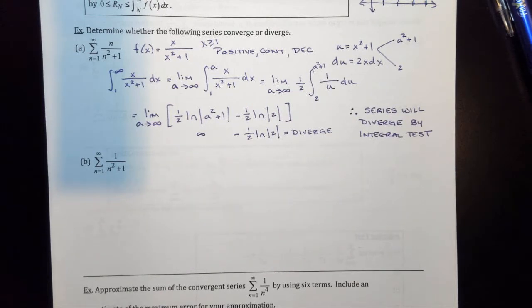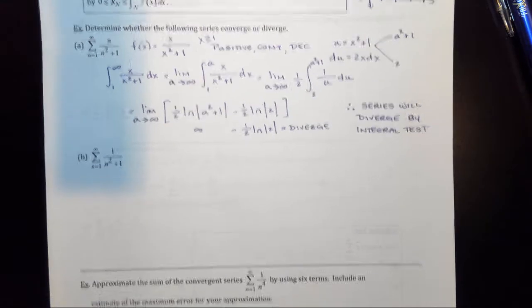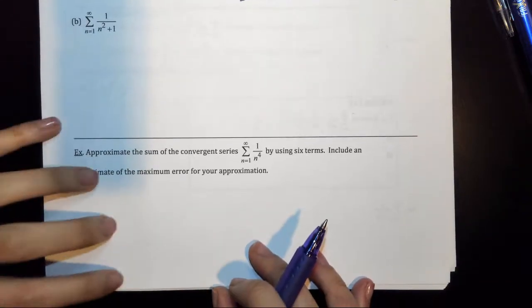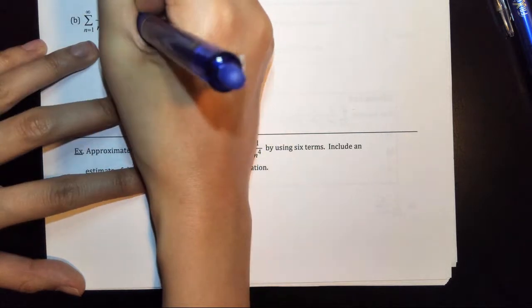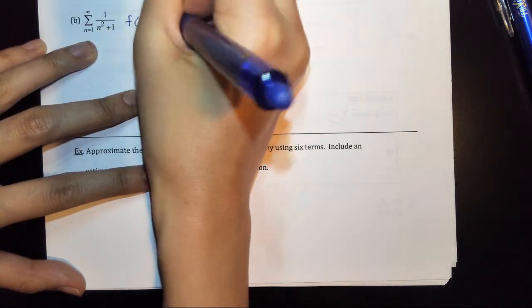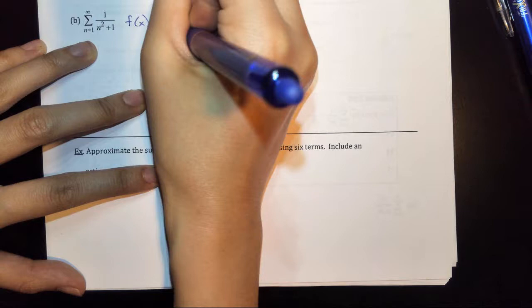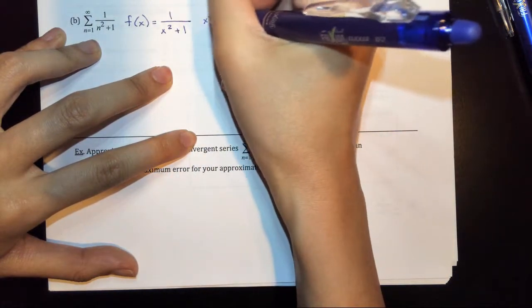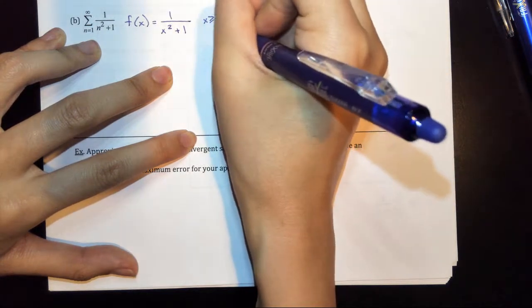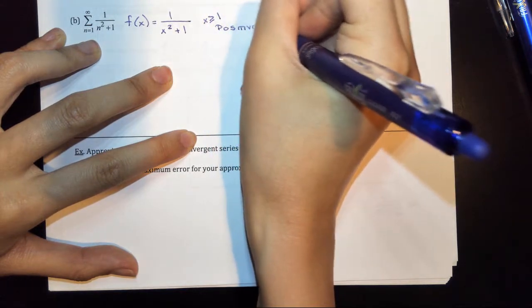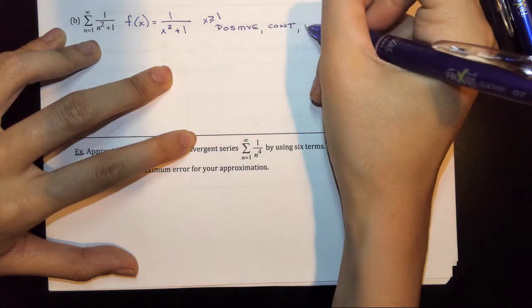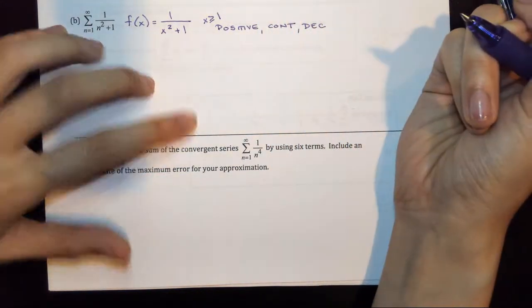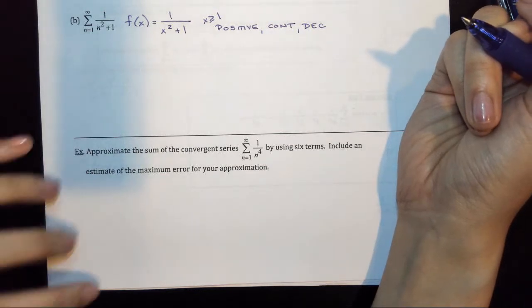All right, let's do the next example. So we have 1 over n squared plus 1. Let's rewrite that as a function. And this function, for x greater than or equal to 1, is always positive. It's always continuous. And it is always decreasing. So we can use the integral test for this function.